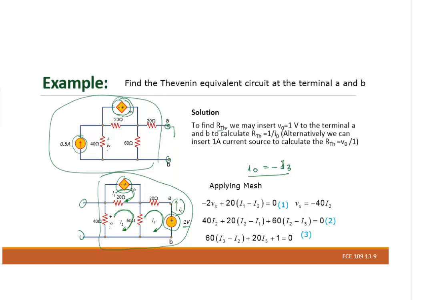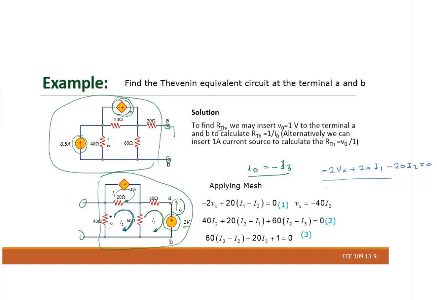If we want to write them together, I1 is the first one here. Negative 2Vx plus 20 I1 minus 20 I2 equals 0, first equation.